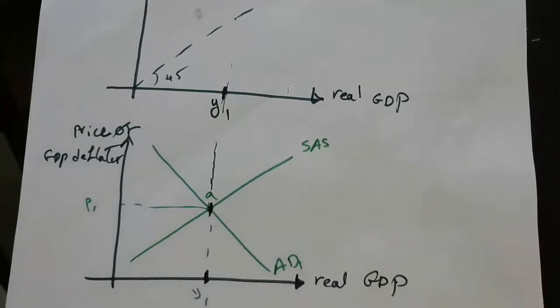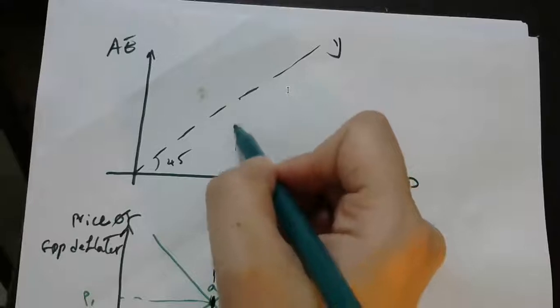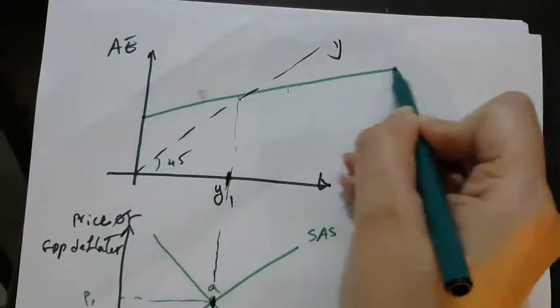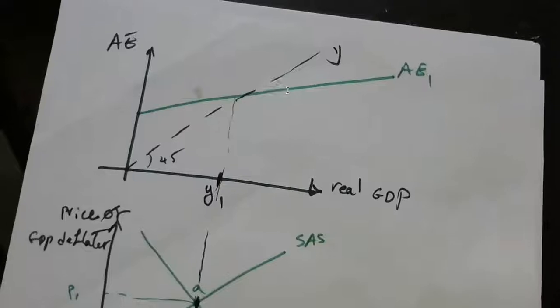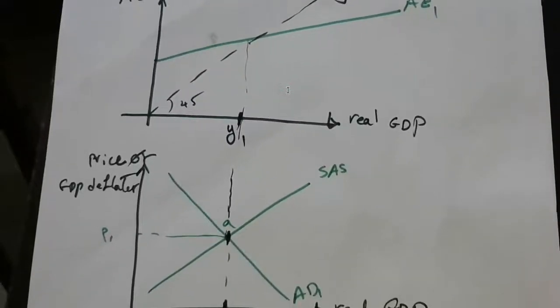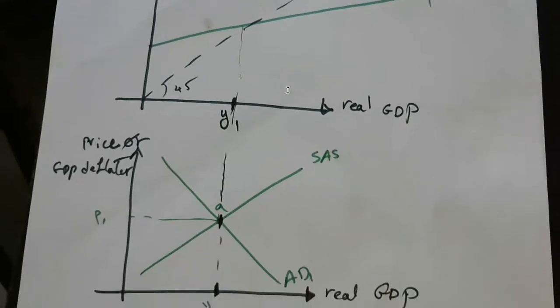Now I want to show, for example, the initial level of aggregate expenditure. Let's say that this is aggregate expenditure 1. Say that, for example, the government hasn't implemented any of these measures, for example on consumption, private investment, or government spending. So this is the initial level.